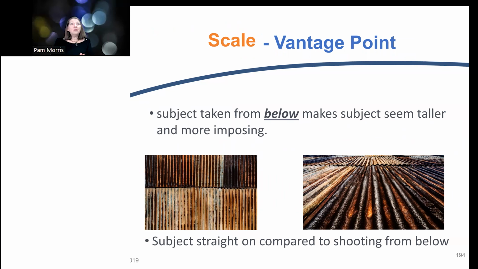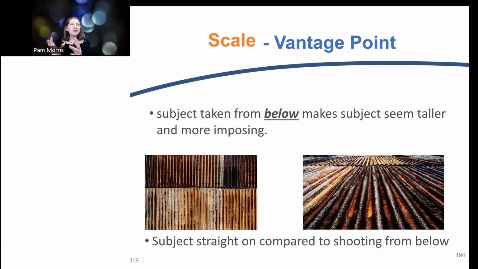Not only can we use reference objects to get a sense of scale, we can also use our point of view or vantage point. You can see this is the same image, the left and right. I took it at the Spotswood sewage works we went to a few weeks ago, and it was an old tin shed out the back. The one on the left is just a straight-on standard shot of that tin shed wall.